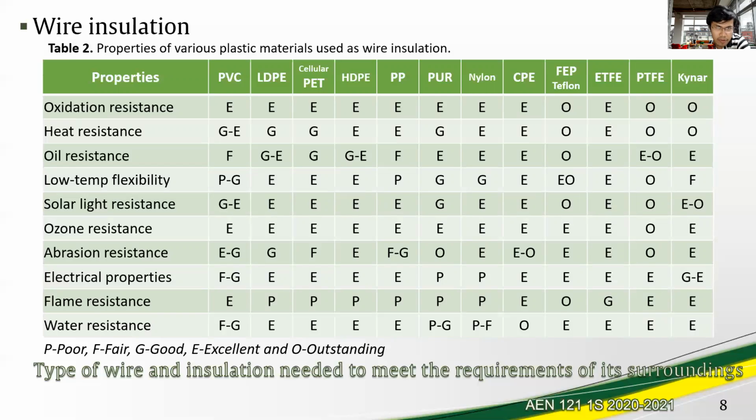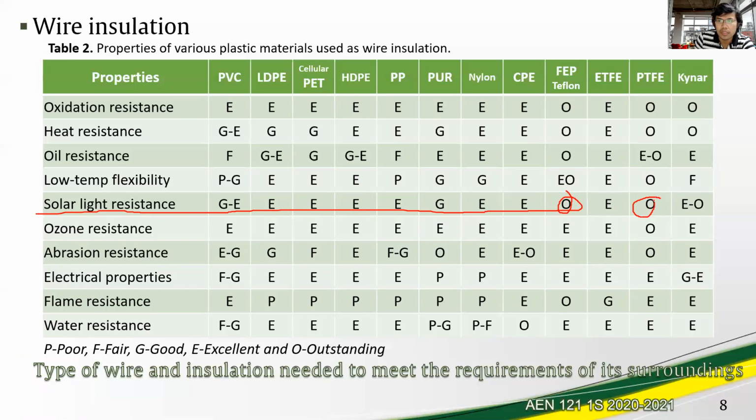Okay, so we just have to look at the different applications for use. If it would have to be in open light and under the heat of the sun, it is better to have something that has good solar light resistance. So you better look at this one, and you could see that FEP Teflon is better or best.